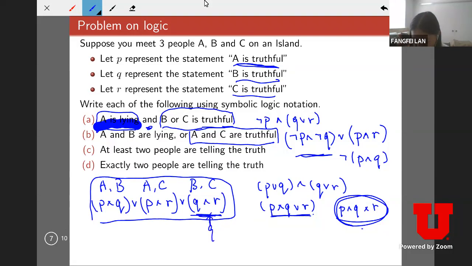We have Q and R here, and we don't care what P is doing, right? So P can be lying or P can be not lying. As long as Q and R, so as long as B and C are truthful, this statement is true. So P can be truthful. P and Q and R is basically included in any of the others as well. We just don't care about what the third person is doing.